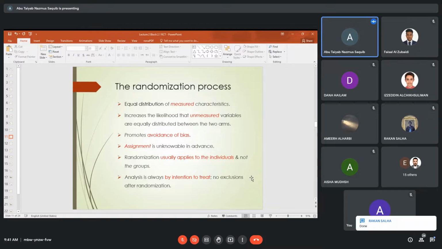If you do this enough times, like if your study has 500 people or 1,000 people, you will find that the people will be divided into these two groups in more or less equal number, because of chance.